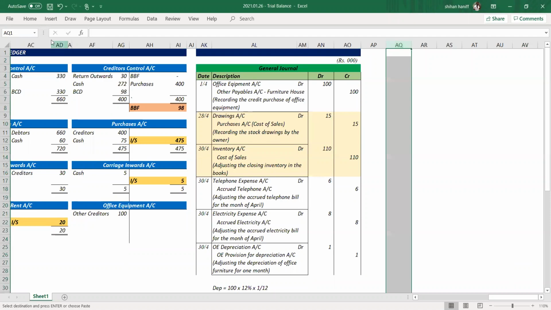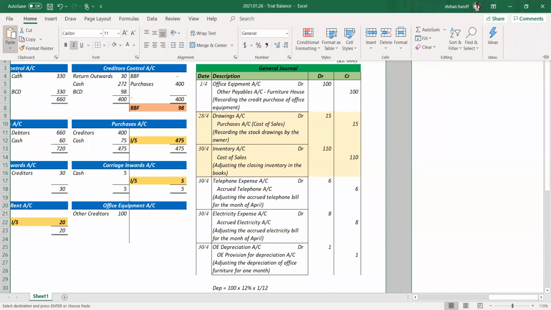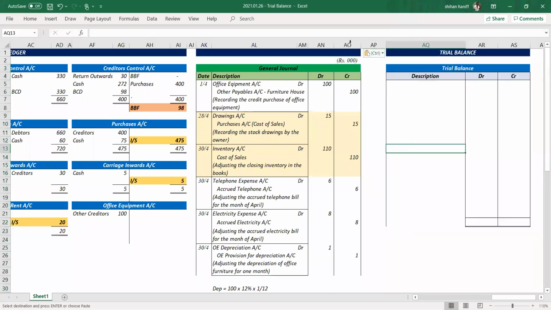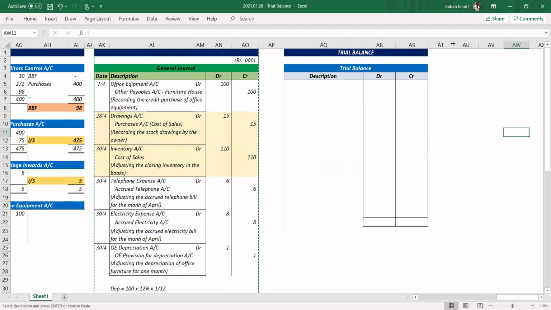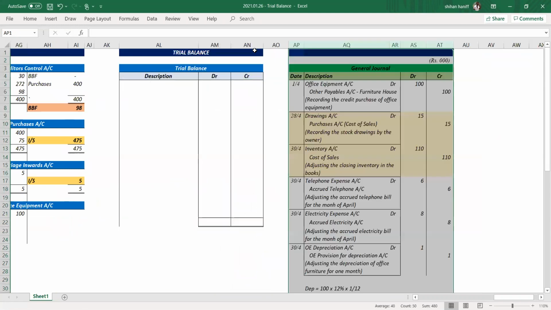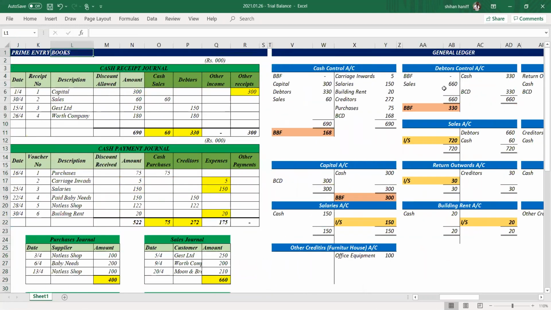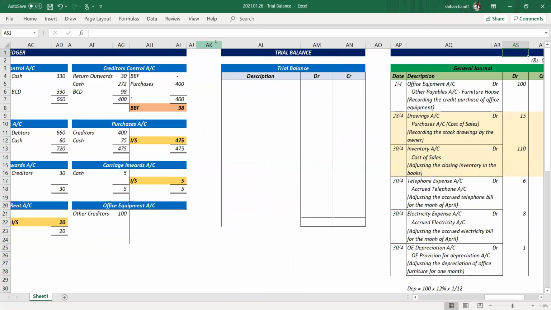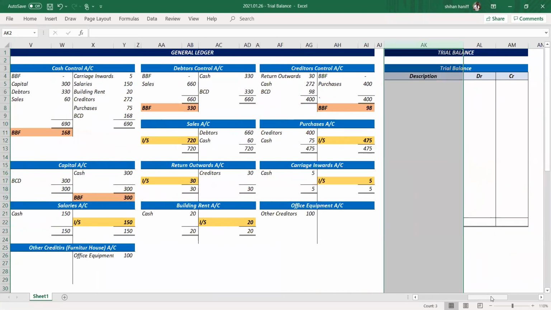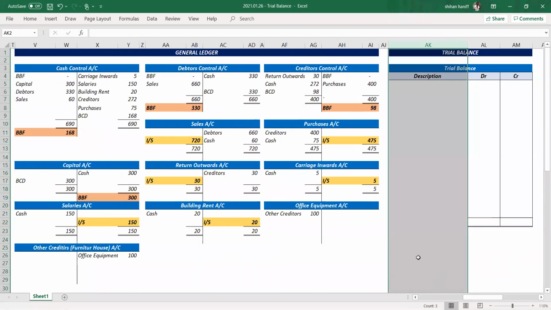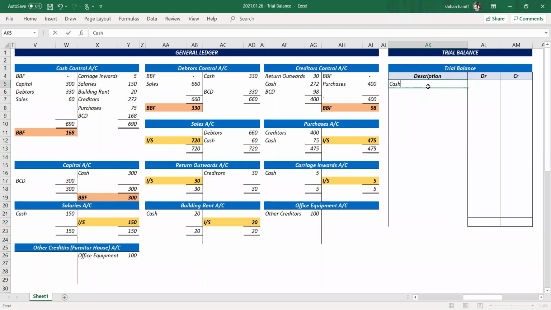Let's prepare a trial balance. For the trial balance, we need to take all the closing balances from our ledger accounts. Cash debit balance 168.